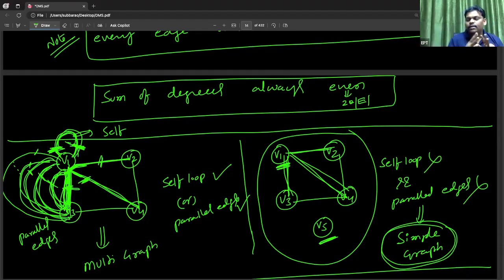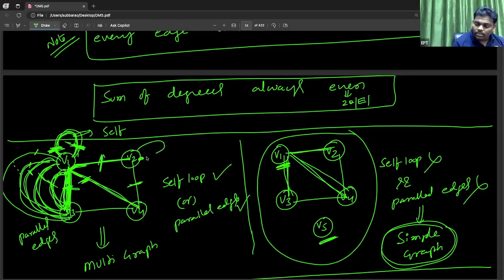I'm repeating once again. Degree of a particular vertex is nothing but the number of vertices adjacent to it. That's one way. One more way: the number of edges associated with that vertex. So for the vertex 1, the number of edges associated is 1, 2.